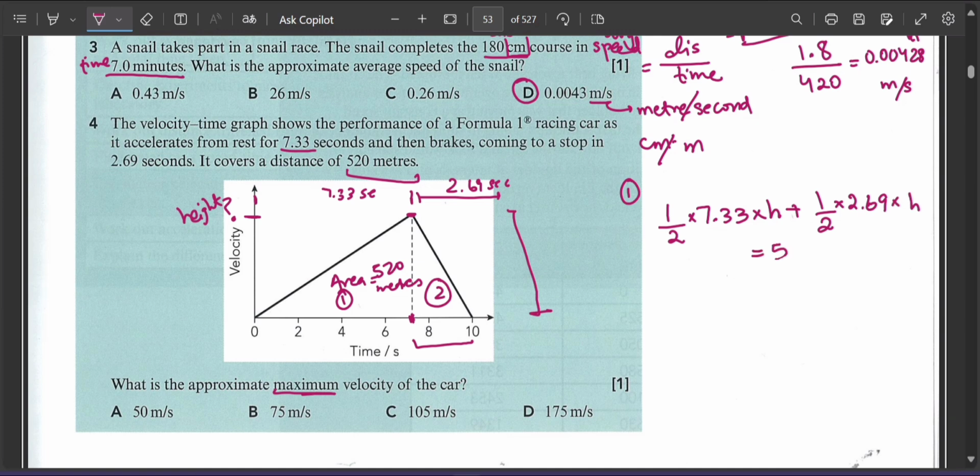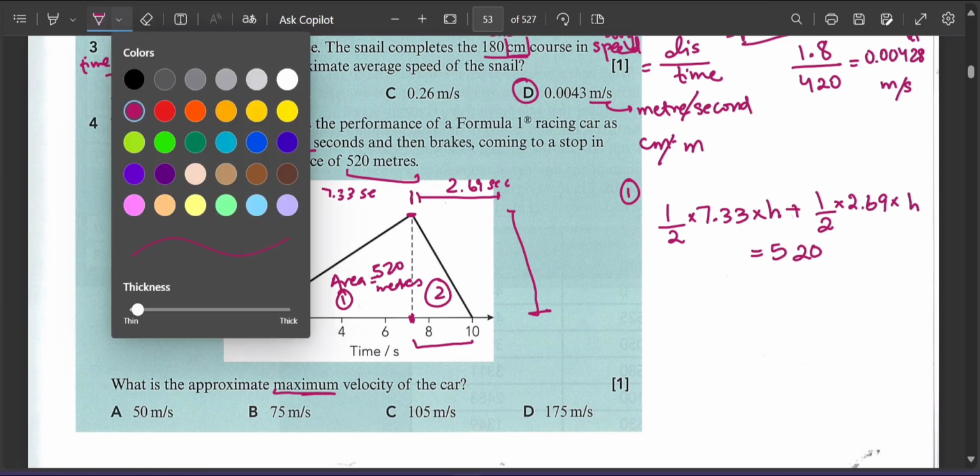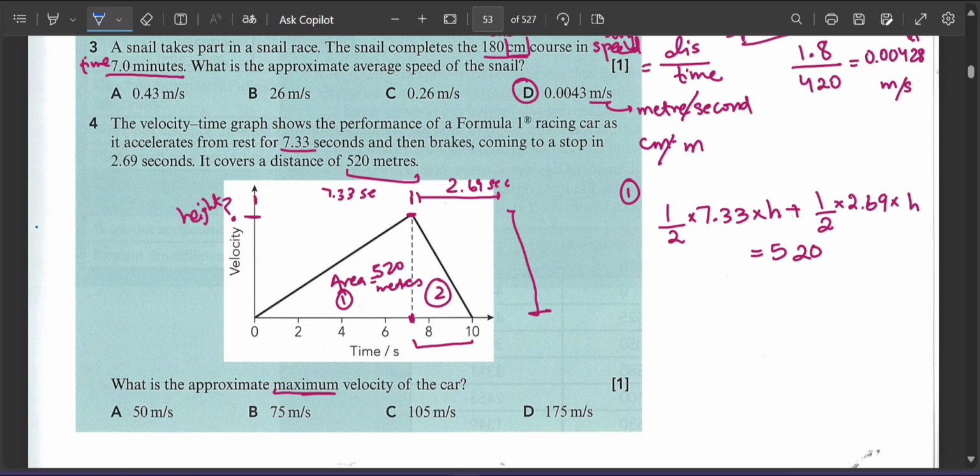If we take 1/2 h as common from the equation we have formed, then 7.33 will be added to 2.69, which equals 520.